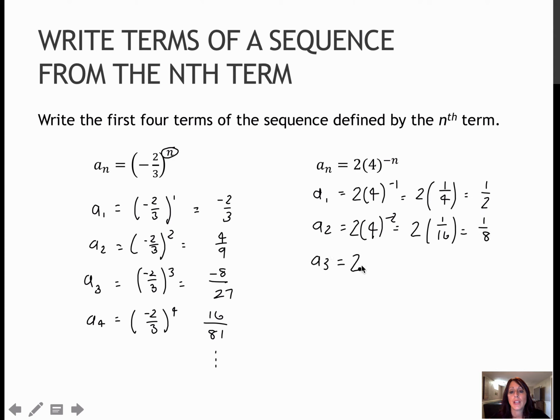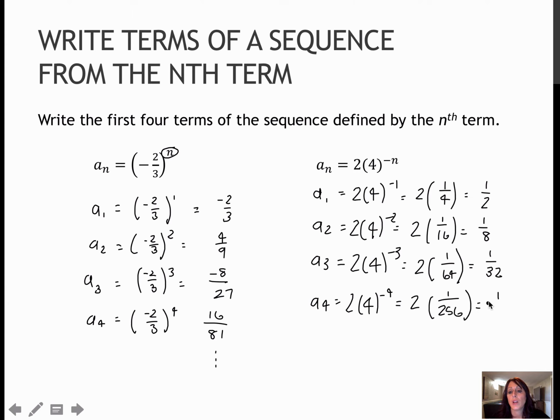A sub 3 gives me 2 times 4 to the negative third, which gives me 2 times 1 over 64, which is 1/32. And the last one, 2 times 4 to the negative 4, which is 2 times 1 over 256, which is 1 over 128.